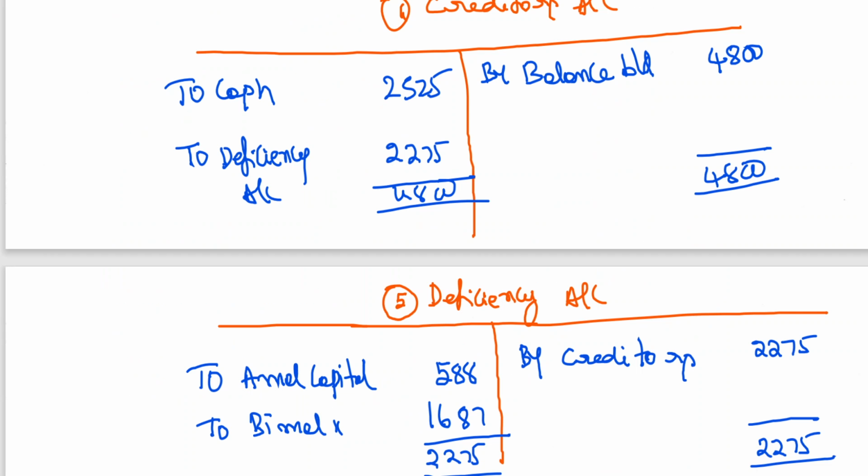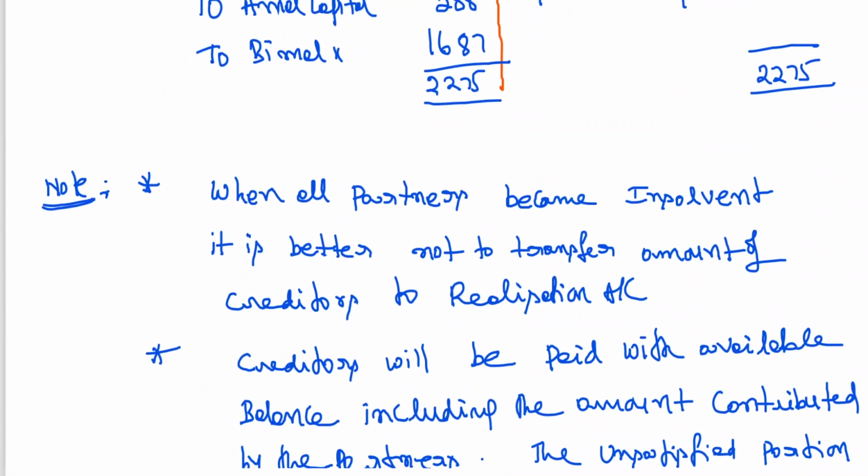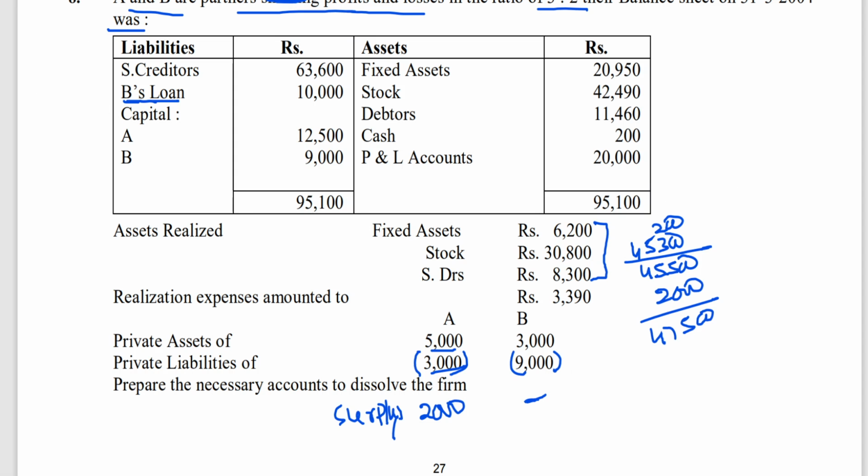So let me open like a previous problem. I'm opening again first account. This is problem number 8, no? Page number 27.